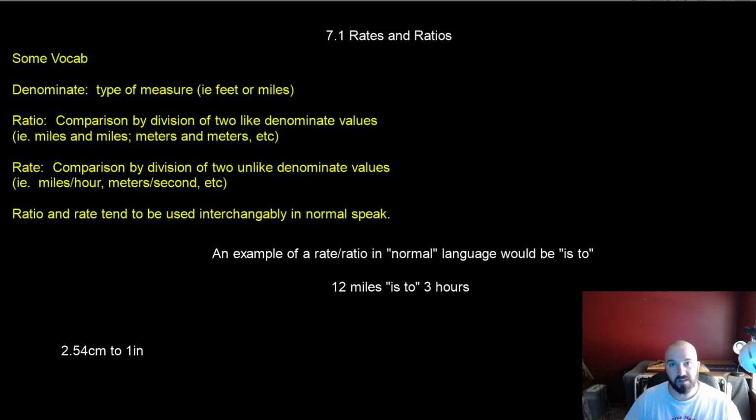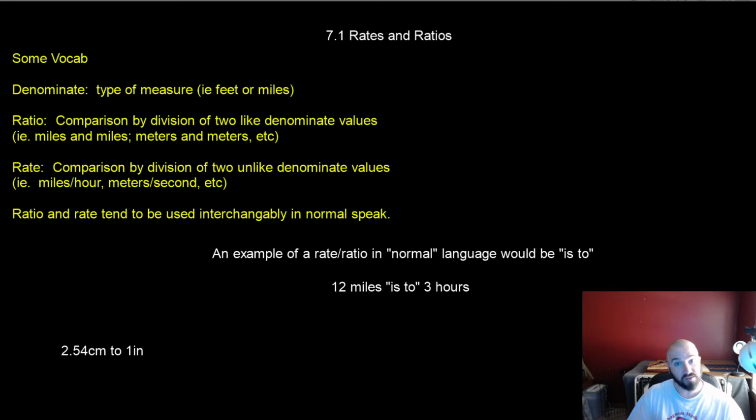Ratio means to compare two things that are of like denominate numbers. So, for instance, 4 feet to 3 feet, or 6 inches to 15 inches. A rate compares two unlike denominate numbers. This is the one you're most likely to see out in the real world on a daily basis.